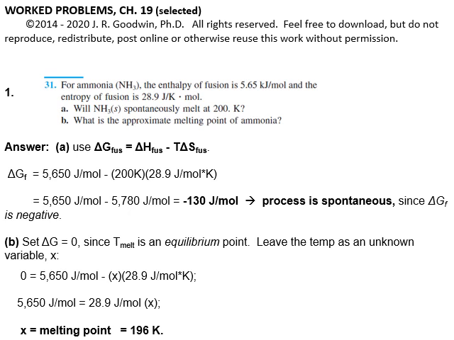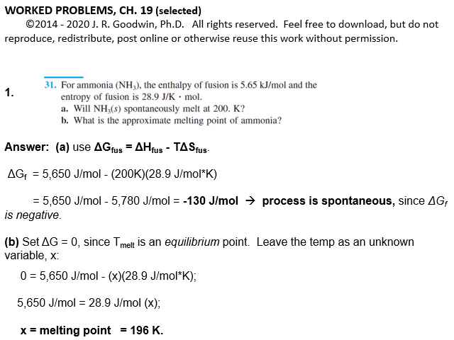Okay, so we'll use this formula for part A. If you'll look at A, come down to delta G equals 5650 joules per mole. That's given in the problem statement, minus 200 K times 28.9 joules per mole K. All of that was given in the problem statement, including the temperature.